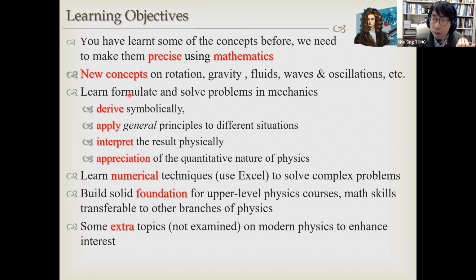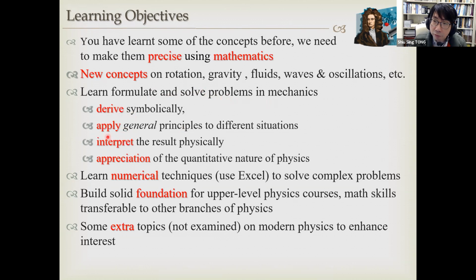You have to learn to formulate a problem. You are given some information, and using that information, you have to learn how to formulate and solve that problem. And instead of just plugging in a number to get a numerical result, you have to derive symbolically. That means you have to handle the symbols and derive the equation step by step.